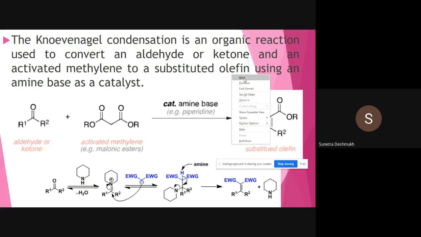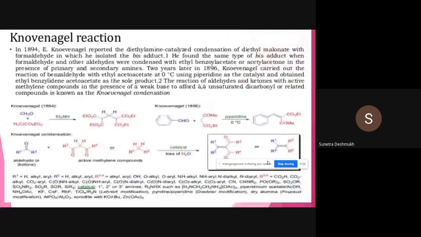Okay, next one. What is the substrate scope? I have summarized it over here. In 1894, Knoevenagel reported the diethylamine catalyzed condensation of diethyl malonate with formaldehyde. So here is what he reported in 1894. This was the reaction he carried out in 1894.